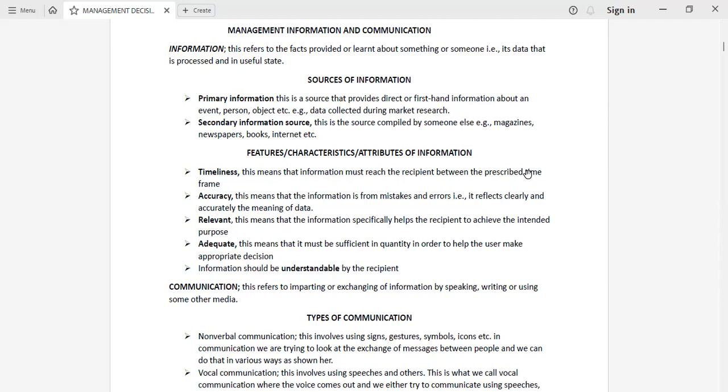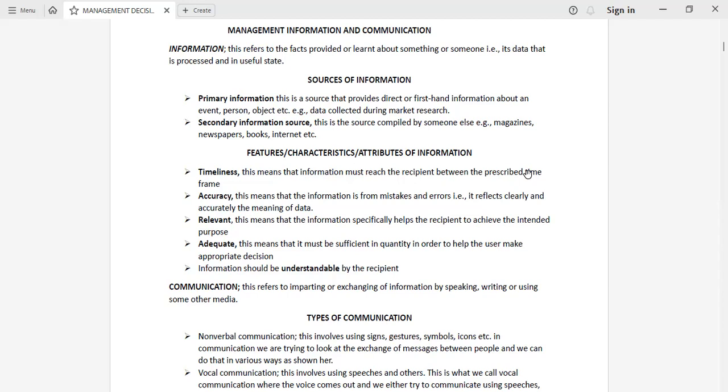If you are developing the information for the first time, then you are getting it from the primary source. But if the information has been compiled by someone else, maybe you've read it in a book or a magazine, then you have got it from a secondary source.